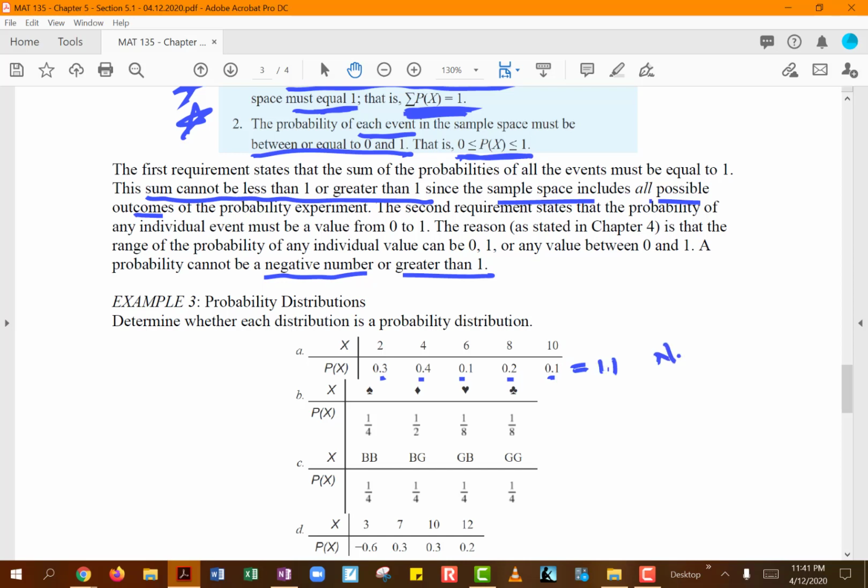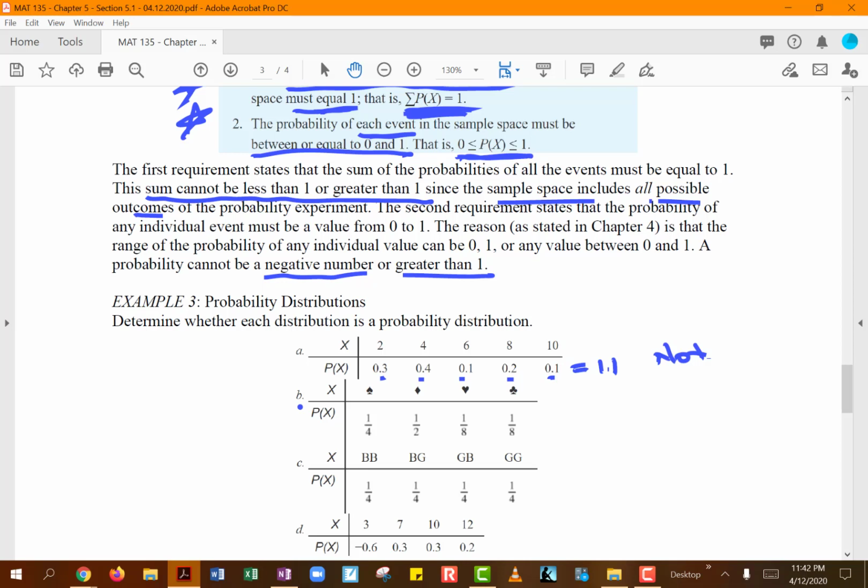So this is not a probability distribution because it's adding up to more than 1. For our part B example, you can see these are all proper fractions. That tells us that all of these values are going to be between 0 and 1. 1/4 is 0.25, 1/2 is 0.5, 1/8 will be 0.125.